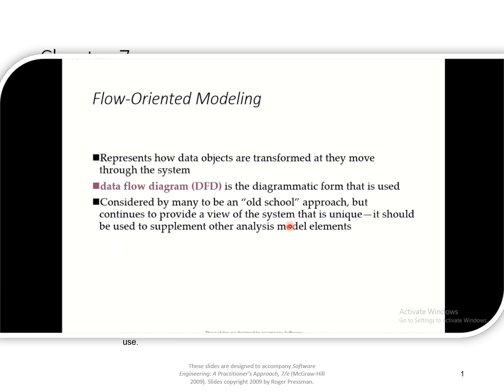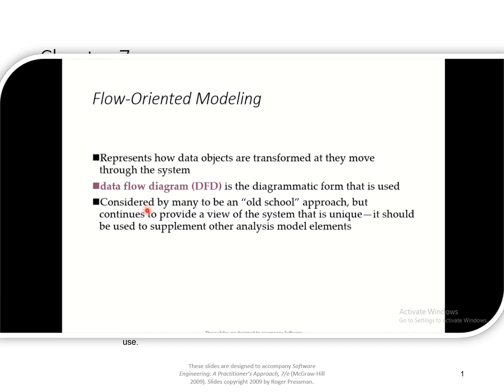Flow-oriented modeling. Here is the formal definition for it, that it represents how data objects are transformed as they move through the system. The best example for flow-oriented modeling is data flow diagram. You can also say it as DFD. DFD is a diagrammatic form of showing the data flow through the system.